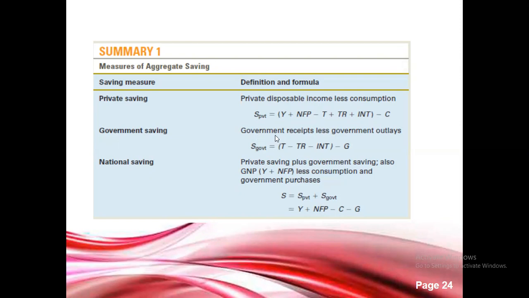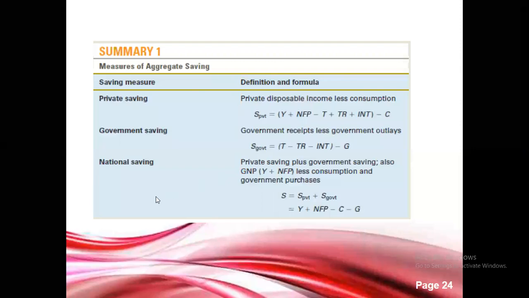If you subtract consumption from this income, you will get private saving. Government saving can be obtained if you subtract the government outlay from government receipts, which is the net government income minus government purchases, right? National saving is the sum of private saving and government saving.